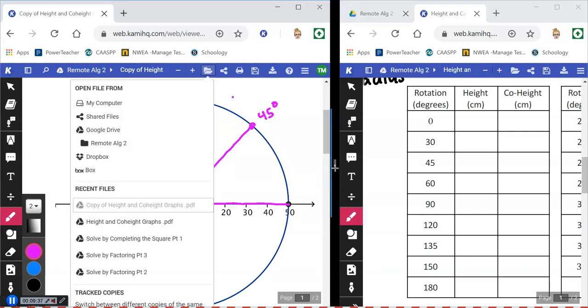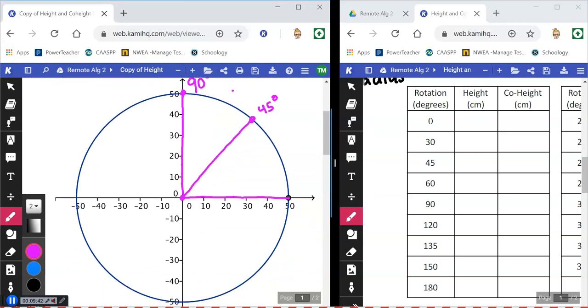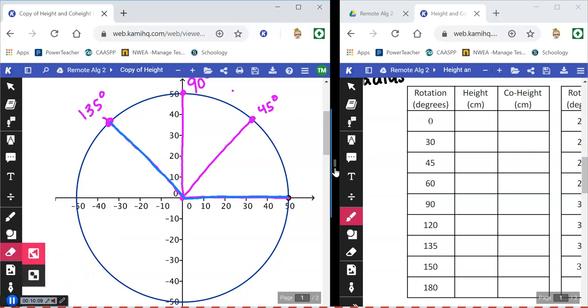I'm trying to draw a degree symbol here. And then halfway between 90 and the x-axis again would be another 45 degrees. So this angle altogether is 90 plus 45, which is 135. So this would be 135 degrees.